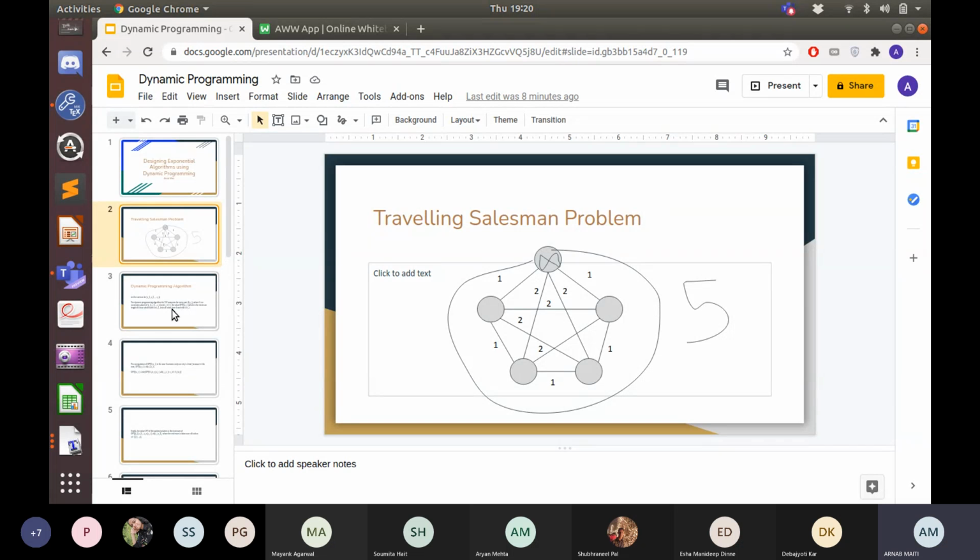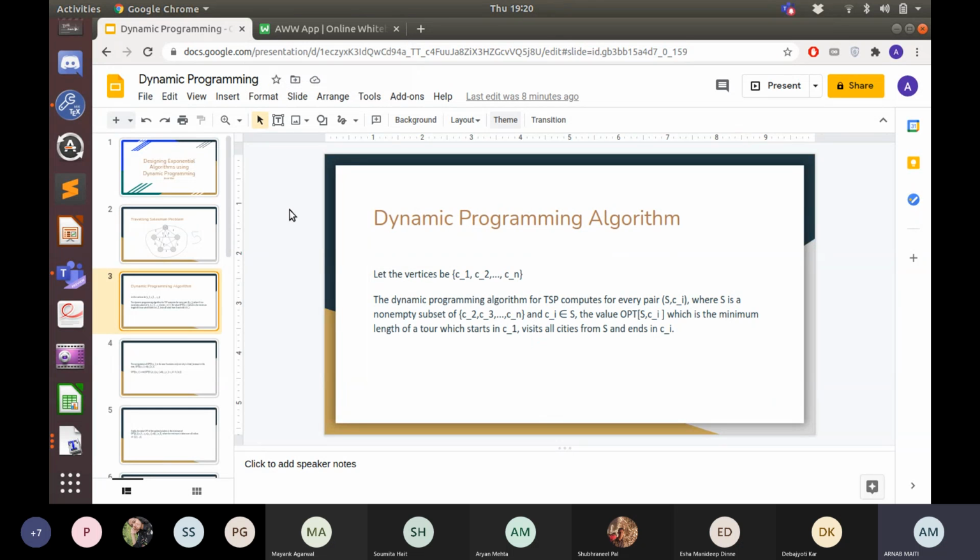Can someone from the audience try? I'll give 5 minutes. You can think, or if you have any doubt till now, you can ask me. I'll keep this slide open in case you want to have a read at this properly. What is the exact subproblem? And then we'll discuss the solution.